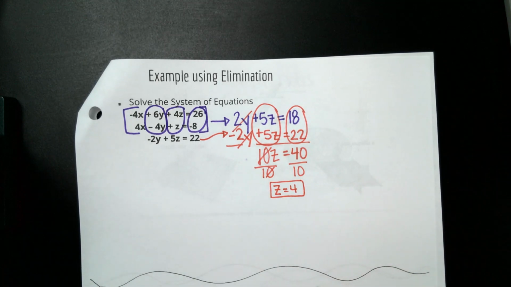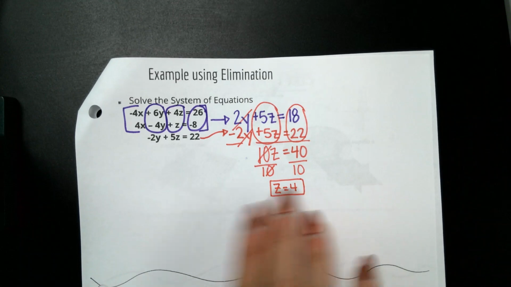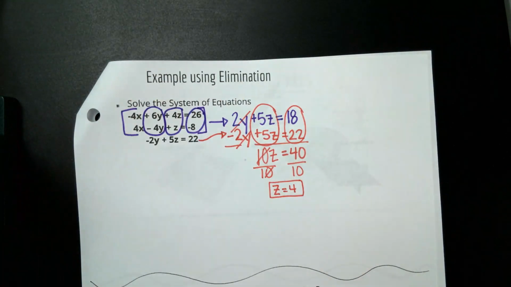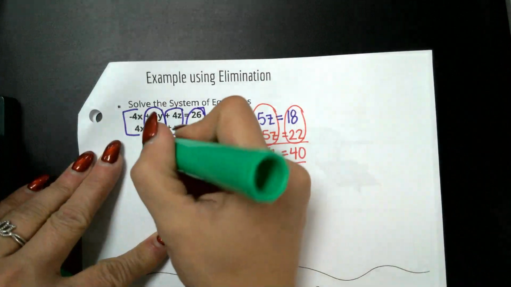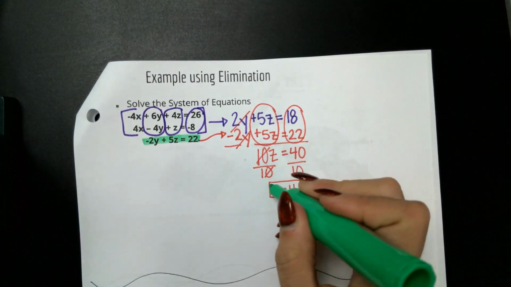Well, now hang on. So watch. After I have my first answer, there's nothing I can pair up over here different. I paired up all I could pair up. But one of the original equations only had 2 letters. Remember this equation right here? It only had a y and a z. Well, what did we just find?